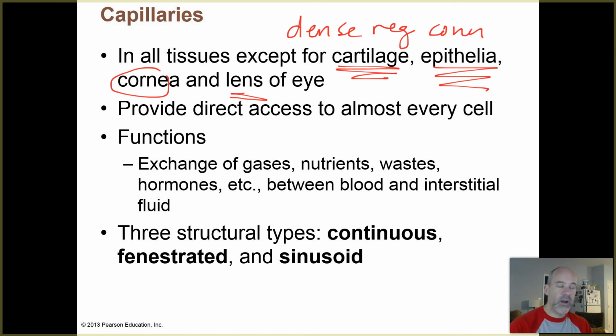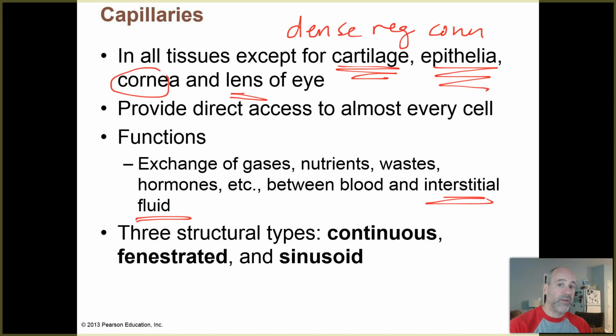Okay, so as mentioned earlier, your capillaries do have direct access to almost every cell in your body, and I think we've discussed the basic functions many times. They're involved in exchange. The substances that are dissolved in the fluids passing through your capillaries need to move into the surrounding interstitial fluids, the tissue fluids that surround the cells of the body.